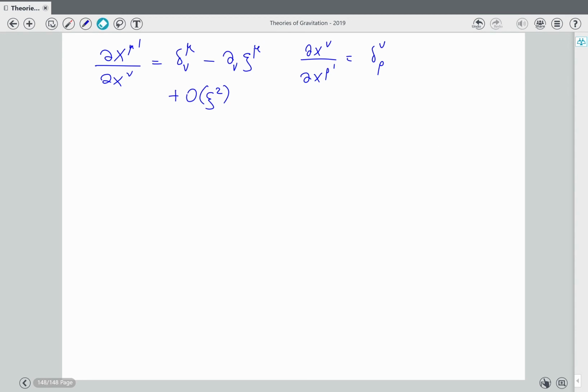So to obtain one, you have to cancel that, and you will have partial psi. Let's check this. If we multiply with that, yes, you have it. It's the only possibility because the indices are arranged like that.